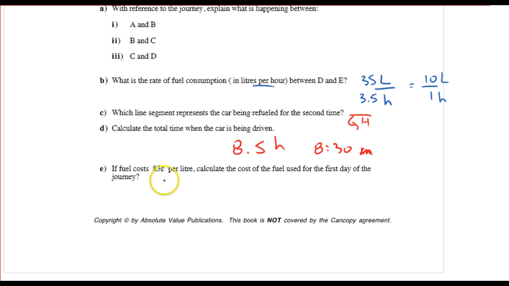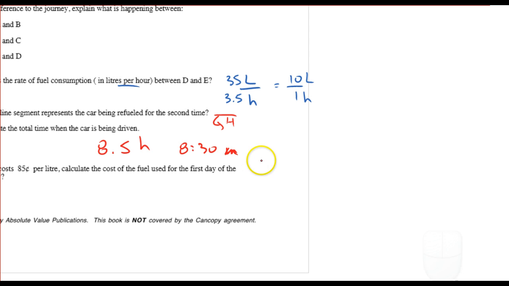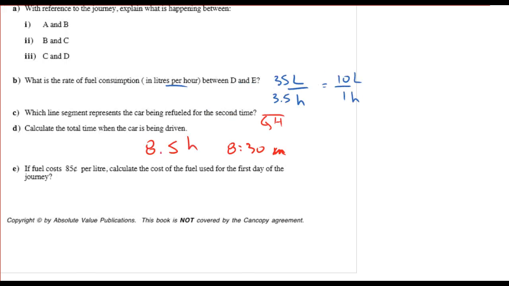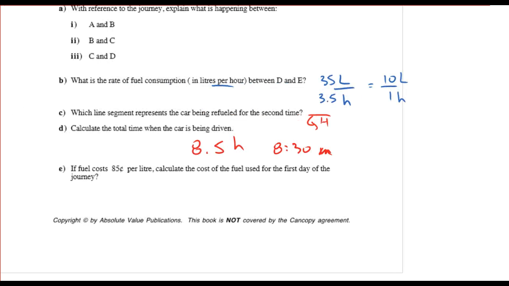Okay, so if fuel costs 85 cents per liter, calculate the cost of fuel used for the first day of the journey. Well, if it's 10 liters per hour, I'm just going to multiply their thing by 8.5, because every hour they use up 10 liters. So they must have used up 850 liters.